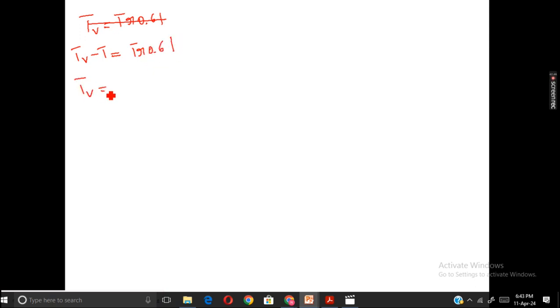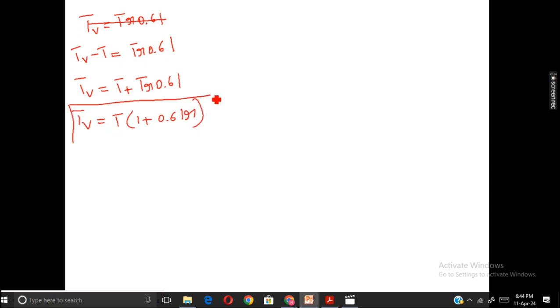So TV is equal to T plus TR into 0.61, or TV is equal to T into (1 plus 0.61 R). So this is the equation of virtual temperature in terms of R.